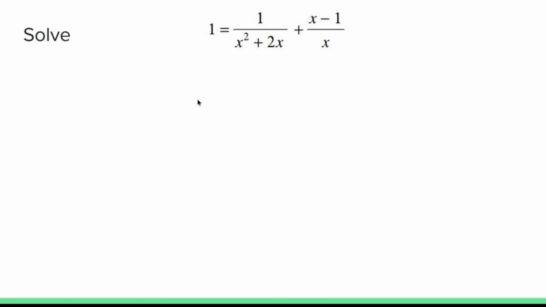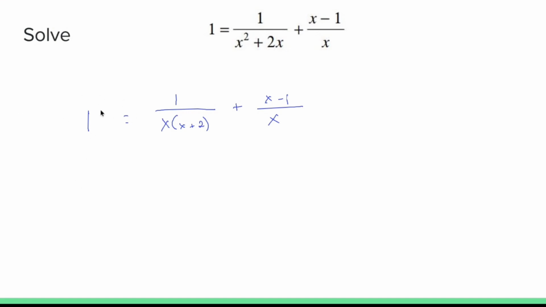Solve 1 equals 1 over x squared plus 2x plus x minus 1 over x. All right. What we have is 1 on the left. I could factor out an x here, which gives me x times x plus 2, plus x minus 1 over x. Right now, I have 3 different looking denominators.